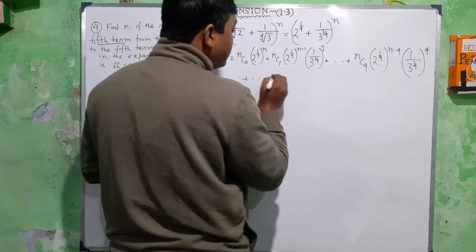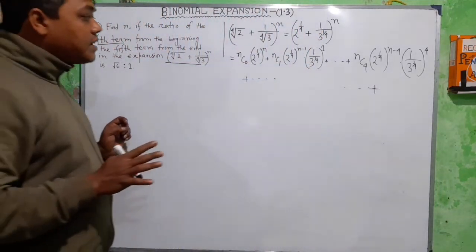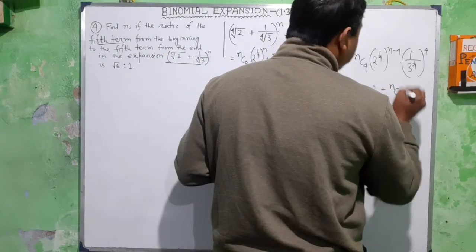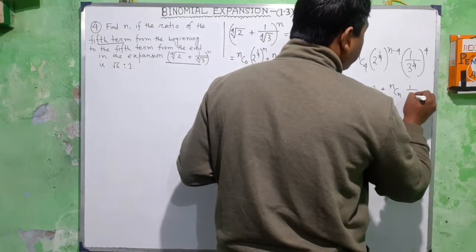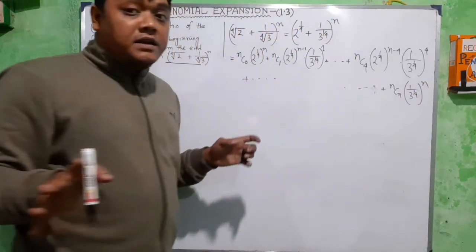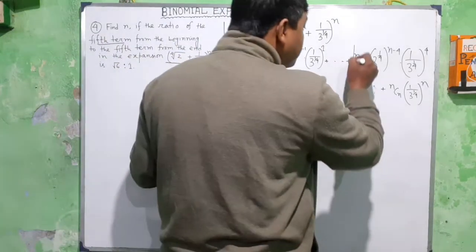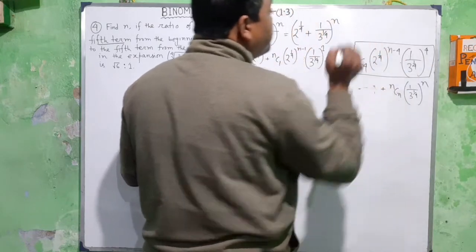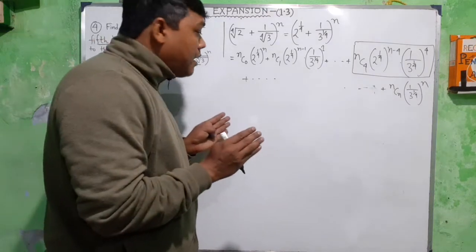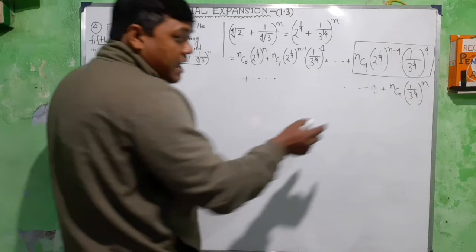Okay, and what is my last term? The last term, of course, is nCn (1 by 3 to the power 1 by 4) whole to the power n. If I expand in the form of (a plus b) whole to the power n, this is the fifth term from the beginning, and I have to find out the fifth term from the end. So this is the end term.